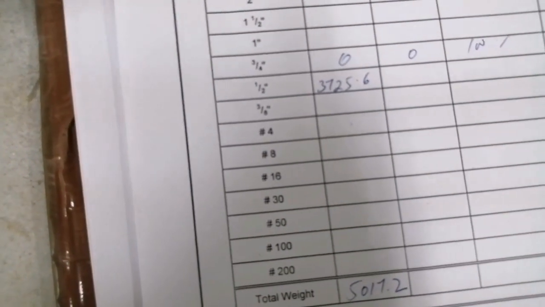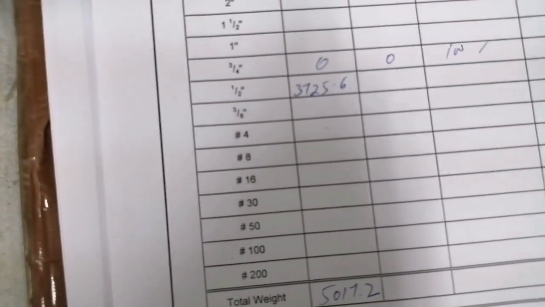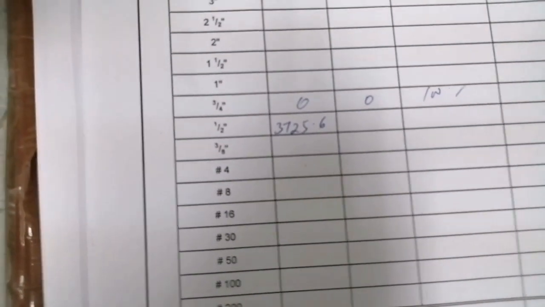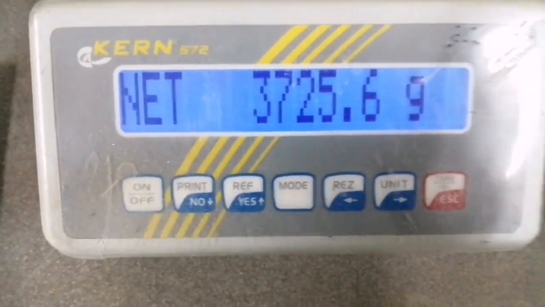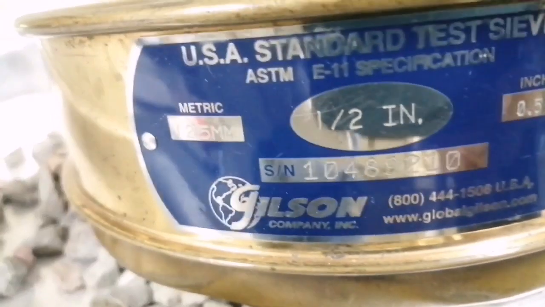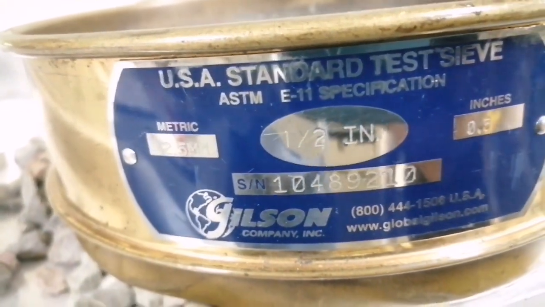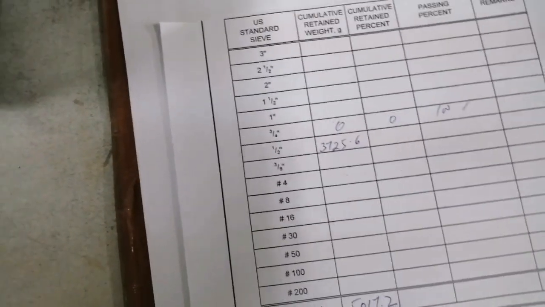Here is our retained weight, 3725.6 grams, and this is the sieve that we use, 1/2 inch. So our first sieve was 3/4 inch, from which 100% passes, so our nominal maximum size is 3/4.